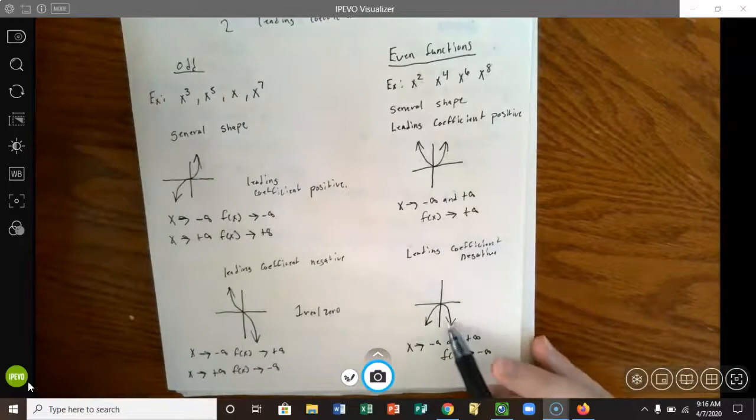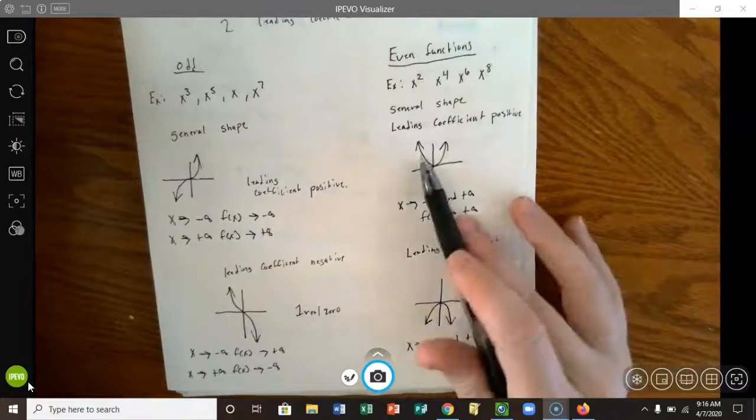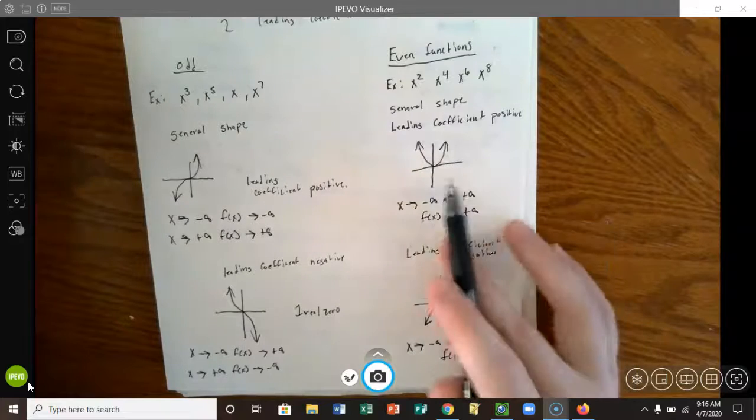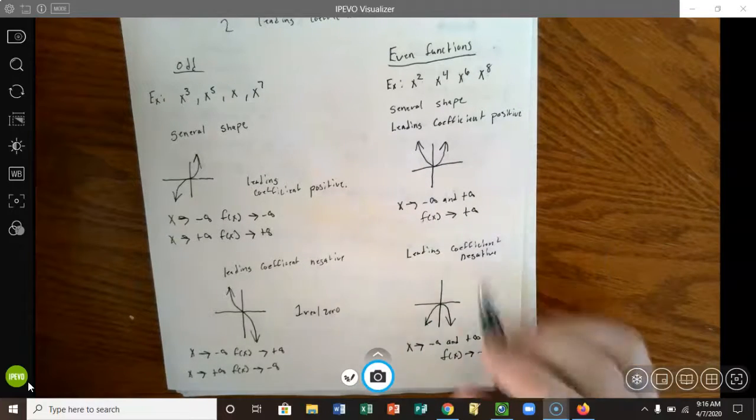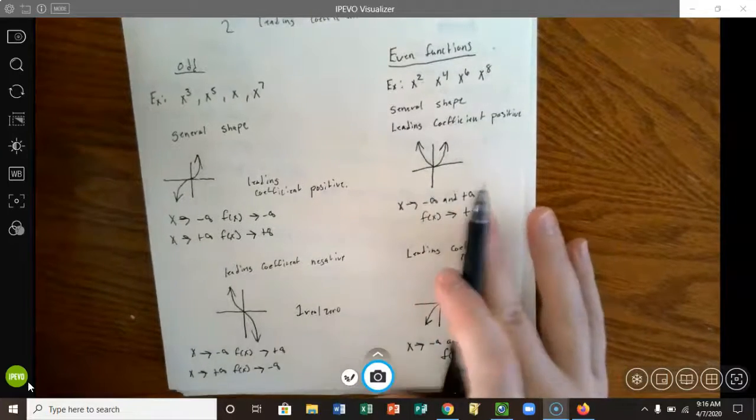So you can see with an even function, both of our ends are going to be approaching the same value. Since these are a parabolic shape, this allows for any amount of zeros.